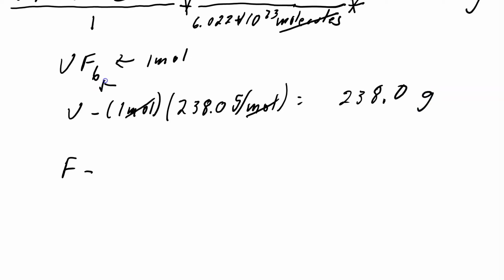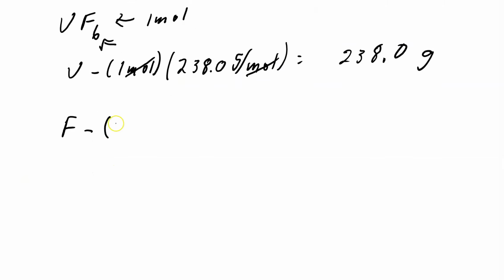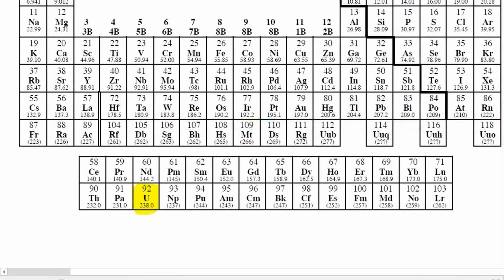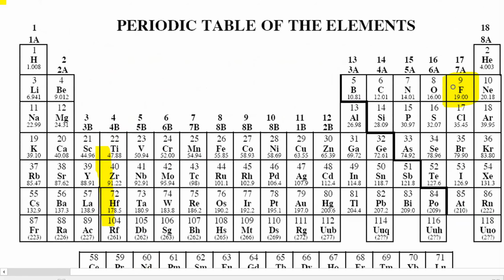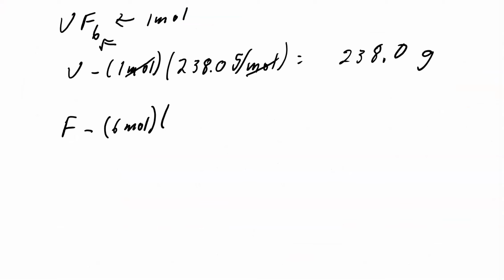Now we do the same thing for fluorine. Of course, we see that there are 6 moles of fluorine in 1 mole of UF6, so we have 6 moles. And now we need the molar mass of fluorine. Let's use the sidebar here to get it on the chart. Here's our fluorine, element number 9, 19.00 is our molar mass, so 19.00 grams per mole.